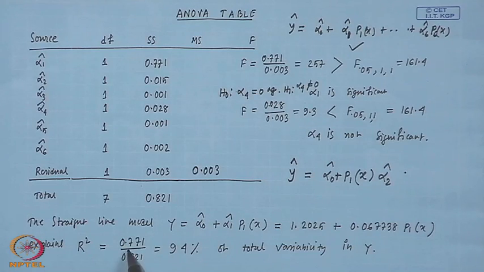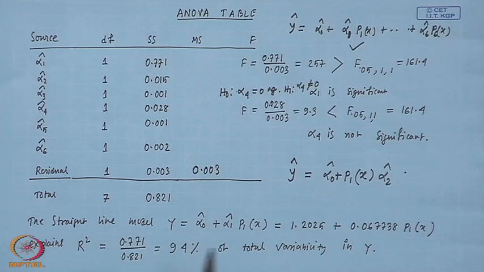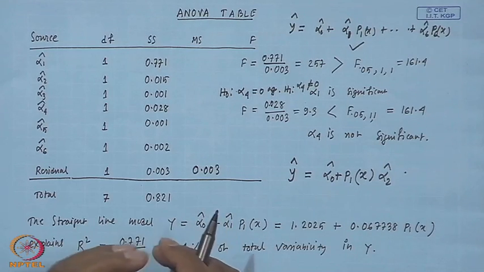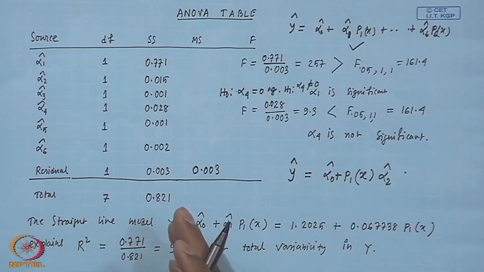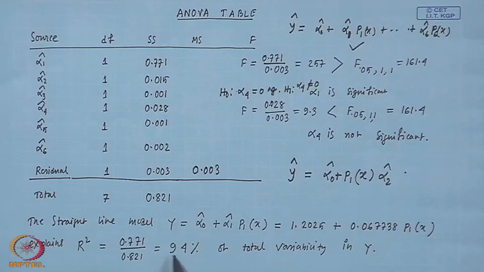This R square parameter computes the proportion of variability in the response variable which is explained by the model. And here you can see that R square is 94%. That means 94% of the total variability is explained by the model, which is quite good.